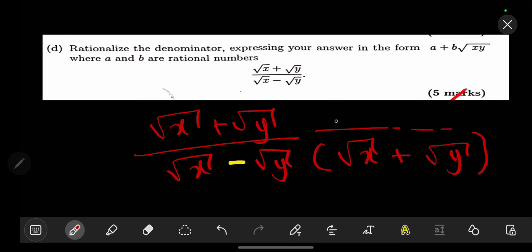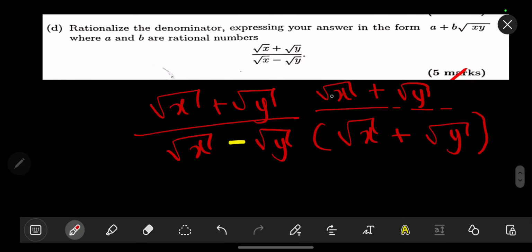Then even on top, we are going to have the square root of x plus the square root of y. Then on top, let's multiply. The first one multiplies everything, and the second number also multiplies everything.